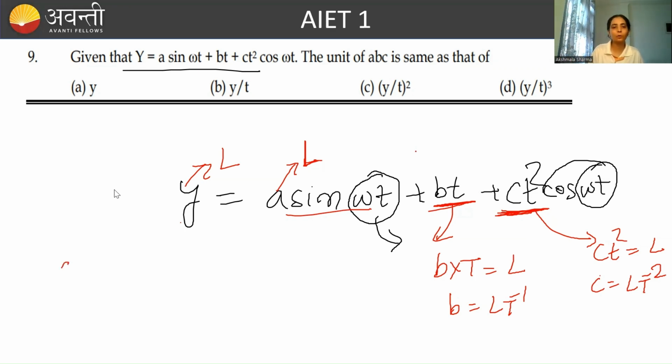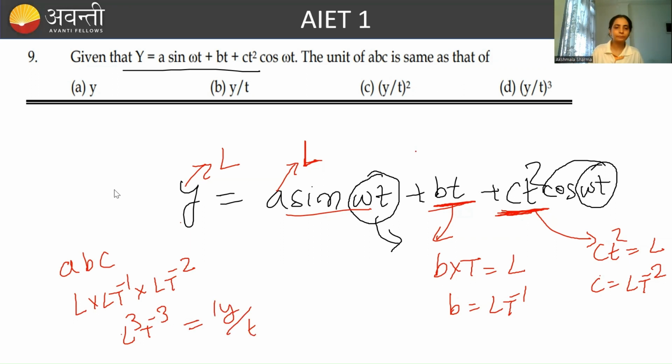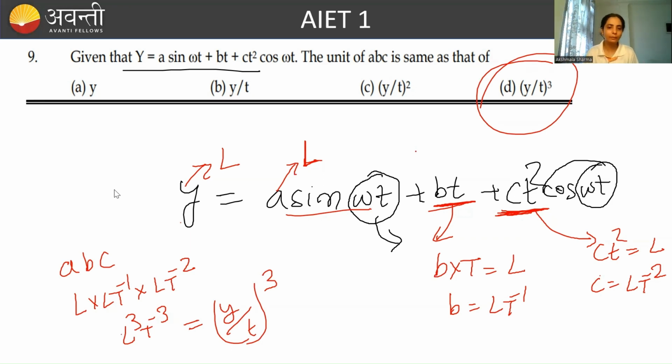So take ABC. A is how much? A is L. B is how much? LT minus 1. C is how much? LT minus 2. So this is equal to LQT minus 3. So this is nothing but equal to y by time cubed. Y means L, y by time cubed. So the correct answer should be D. Okay.